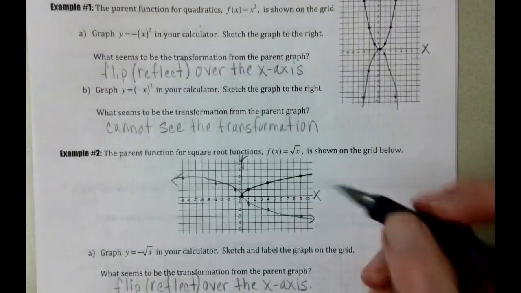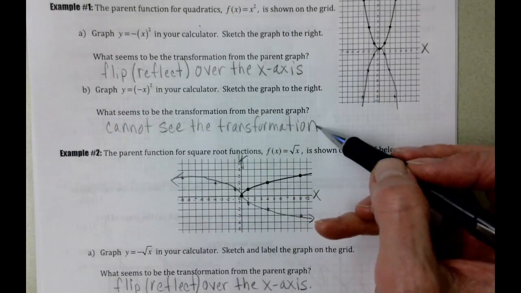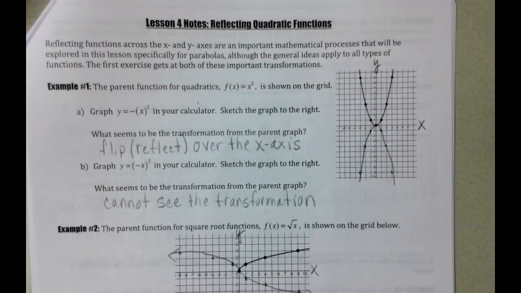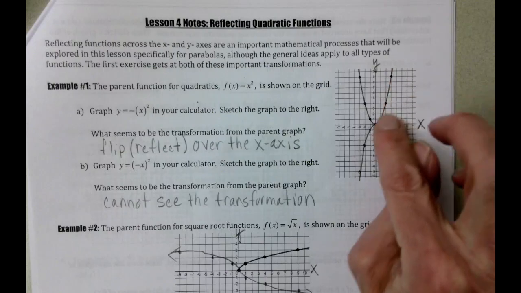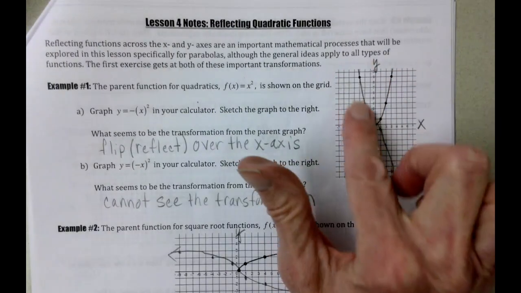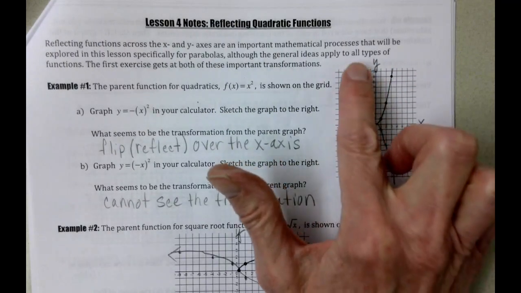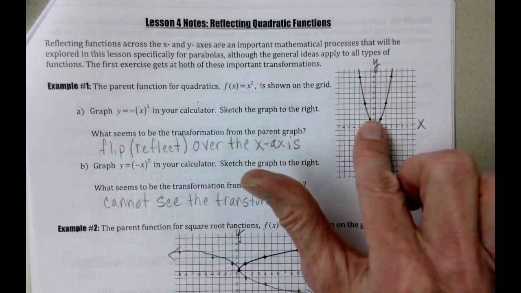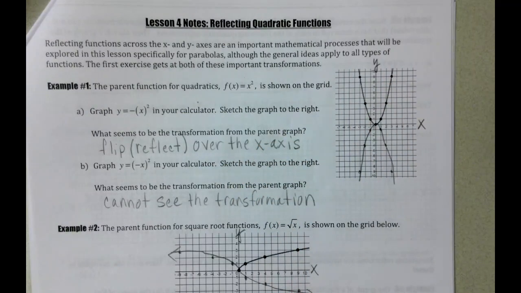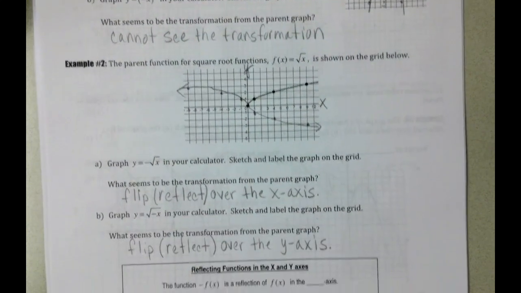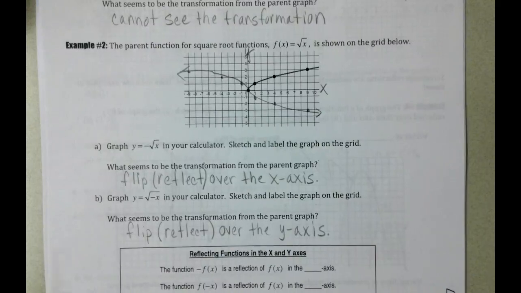And that is really what happens on this particular graph. It's just that we can't see it. This part of the graph lands over here, and this part of the graph lands over here. So it looks exactly like the picture. We can't see the transformation, which is why we had to do the square root function.